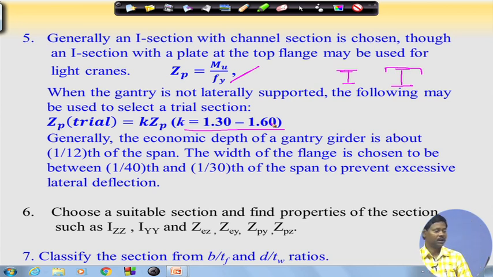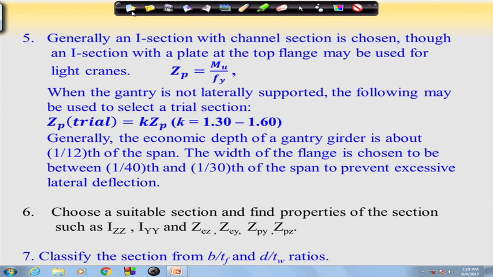So, to take care of the lateral torsional buckling effect, we need to find out some increased amount of ZP, right. And as the gantry girder is a laterally unsupported beam, we have to increase this value after obtaining ZP, right.